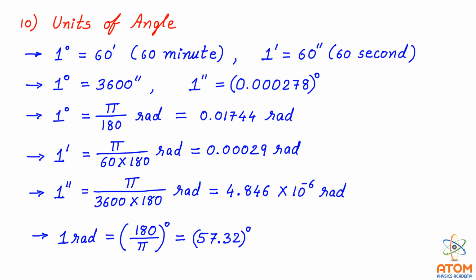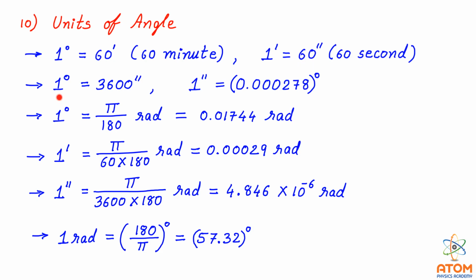Now 10th is units of angle. 1 degree is 60 minute. This symbol of dash is for minute and 1 minute is 60 second. This double dash represents second. So degree is made out of 60 minute and 1 minute is made out of 60 second.